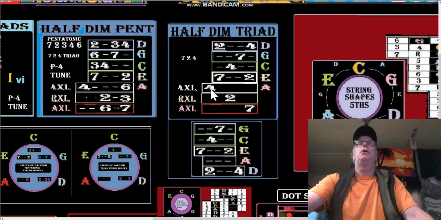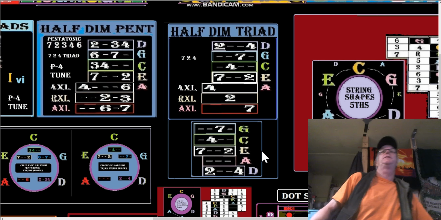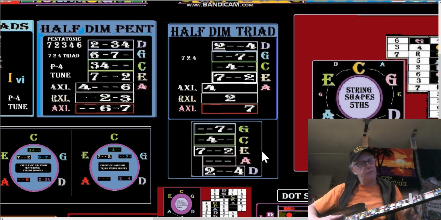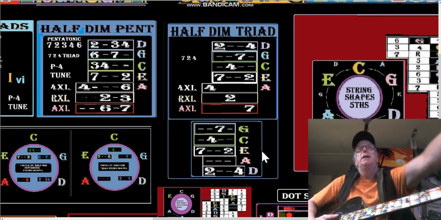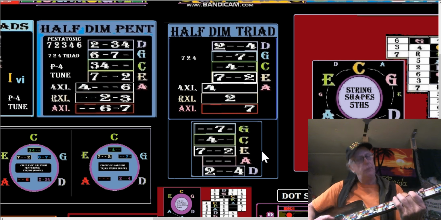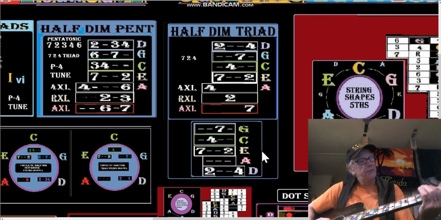So here now in the long pattern, which goes 4, 5, 6, we have the 4. We just play them. So from the D pattern, for the D half diminished, it'd be 2, 4, and then nothing on the A string, and then 7, 2, and then 4, and then 7, and then back to 2, 4.